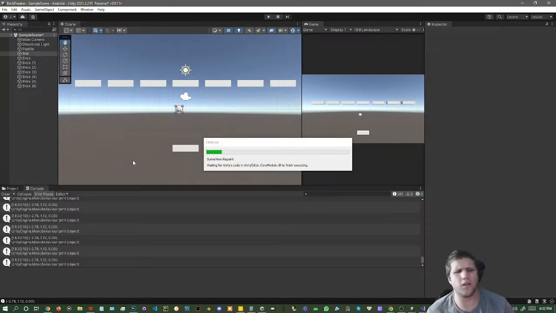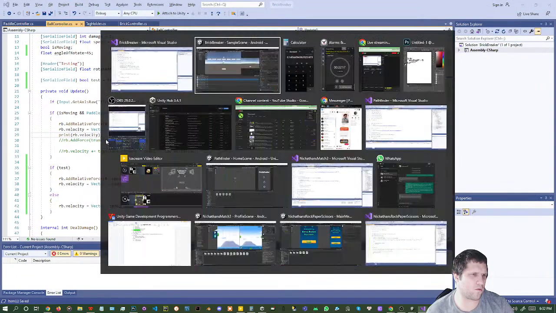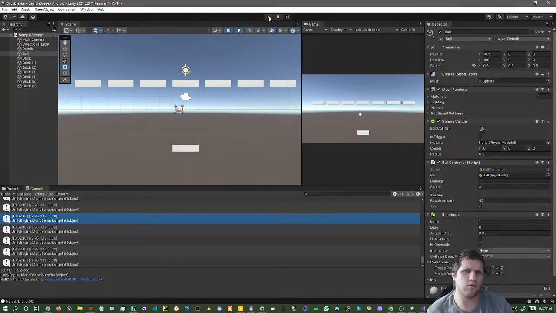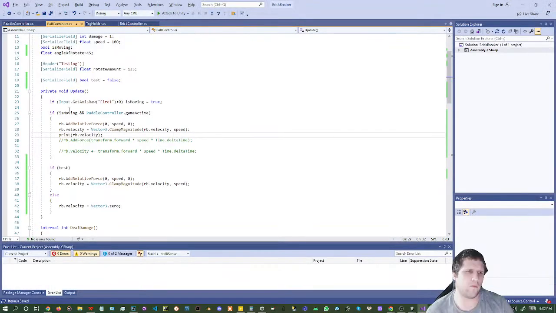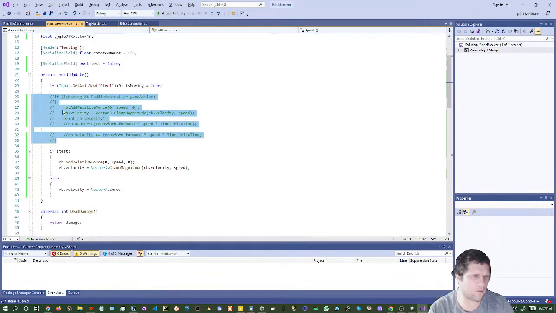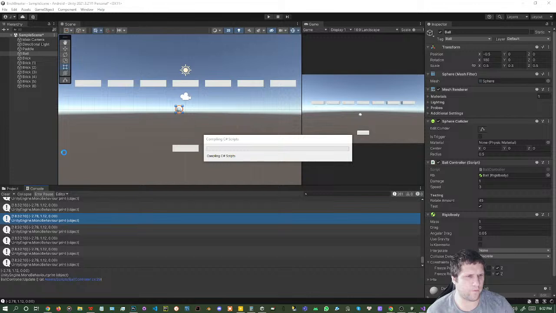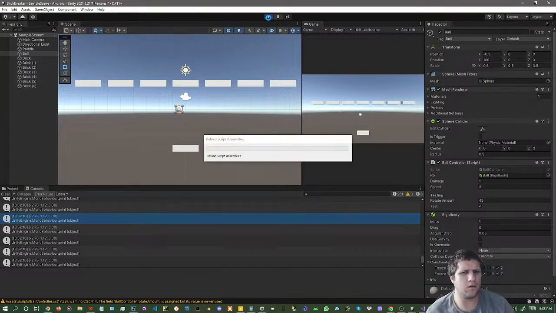Then why are we getting such crazy values? You know what? Could it be that this is turning on? Let's remove that on trigger enter as well, just in case.